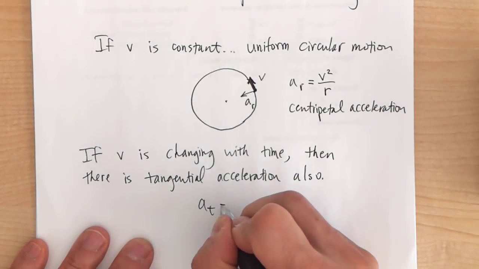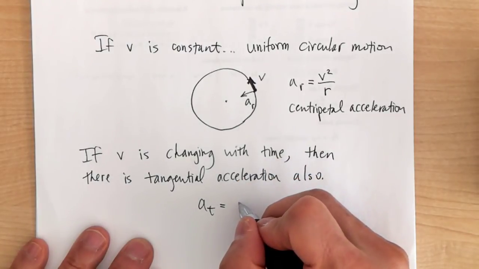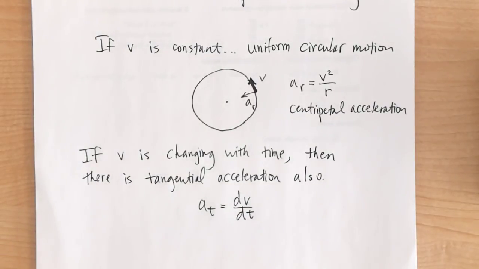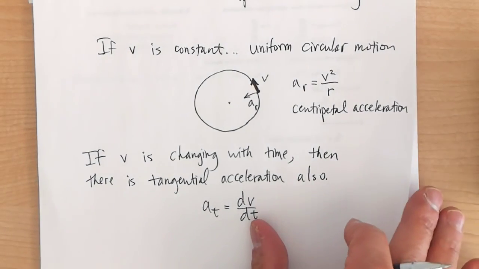Here we call it a_t, and that's going to be dv/dt, or delta v over delta t.